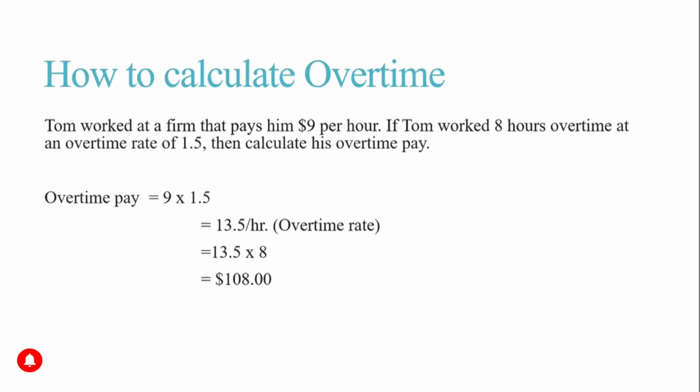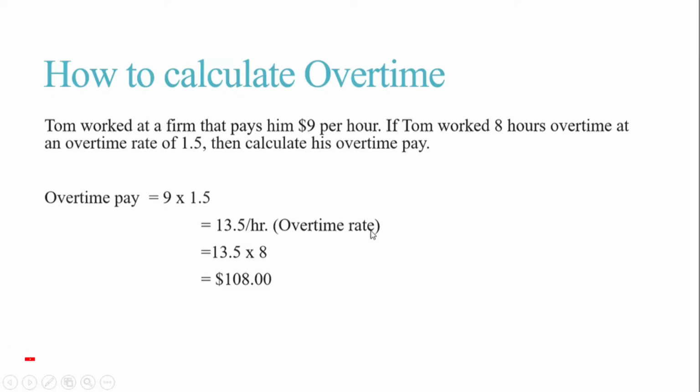We'd have to calculate his overtime rate. So the amount he gets per hour is $9. The overtime rate is time and a half, so it will be 9 multiplied by 1.5, which would give us $13.50 per hour.